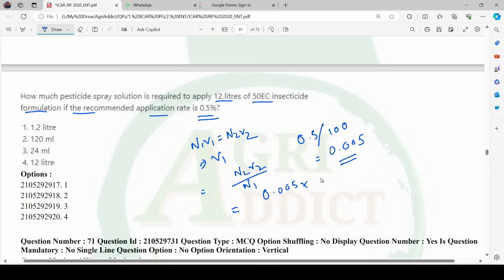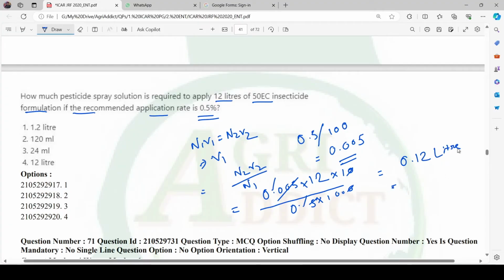0.005 into V2, which is 12 liters, the final solution, upon N1. N1 is 0.5. So it is 0.12 liter.